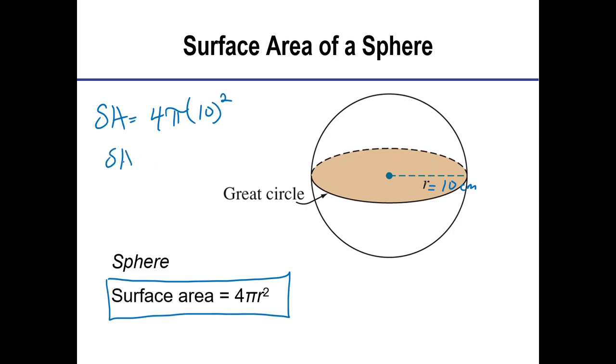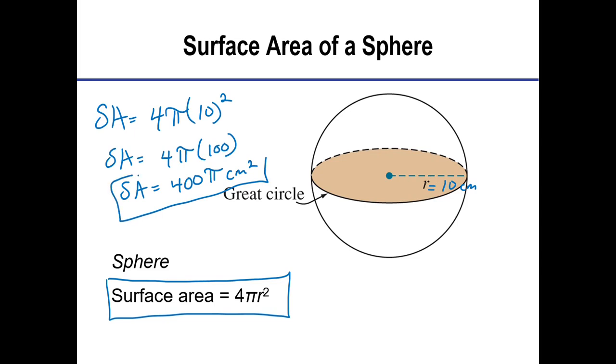So the surface area is equal to 4 pi times 10 squared, which is 100. So this simplifies to 400 pi, and our units are centimeters squared. So that's the surface area of this sphere.